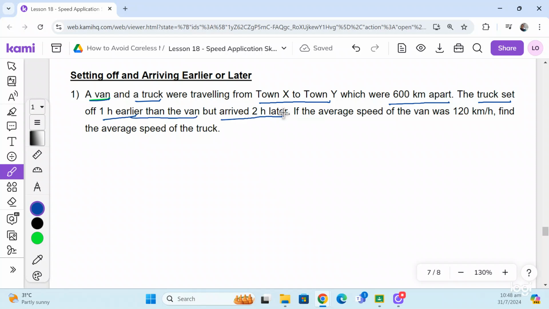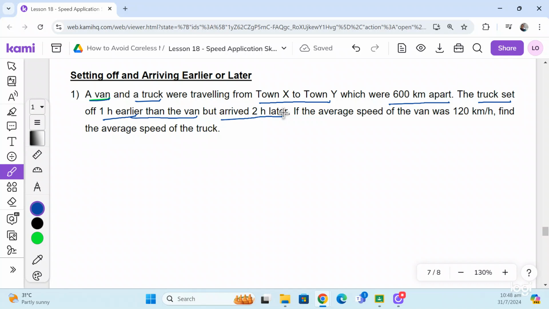Some students get really confused by this sentence. It means that the truck set off earlier and still arrived later. Isn't the truck slower? You set off earlier and still arrive later, so you must be very slow and take a longer time. So the truck is the slower one, because the truck took longer time.